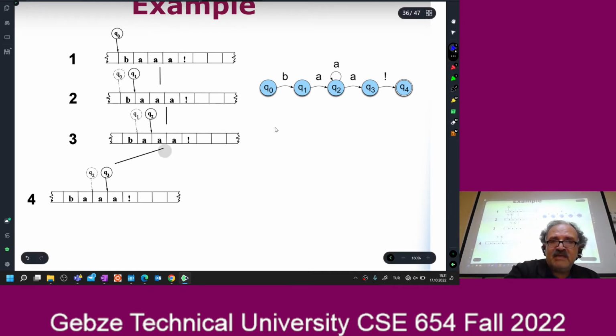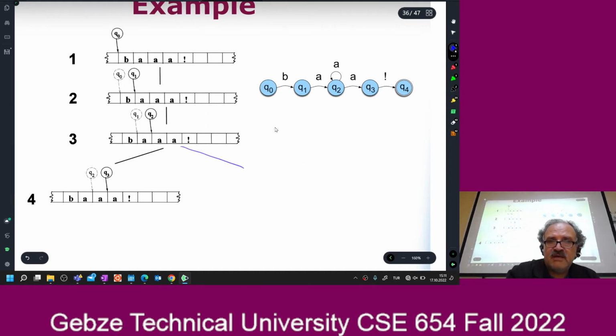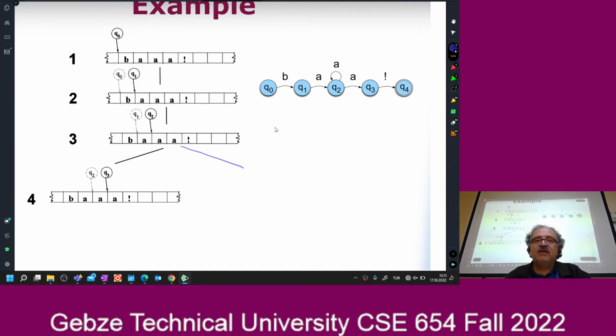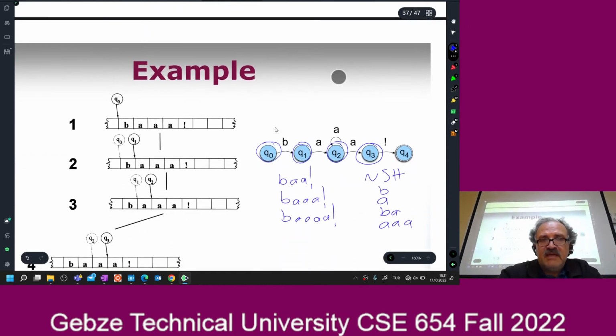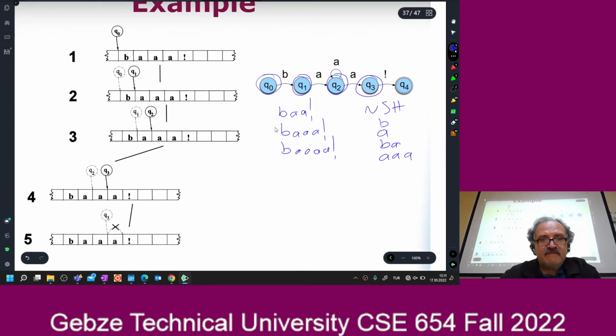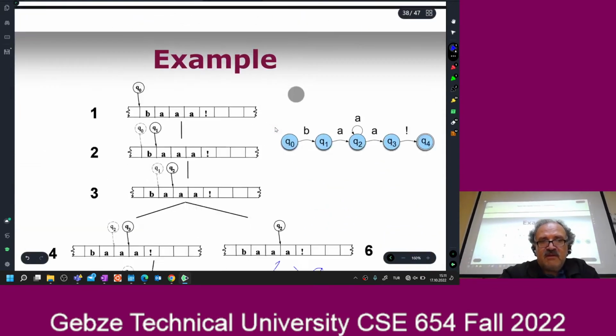I will go back and continue from the other direction, saying that, okay, maybe instead of going to Q3, let me stay at Q2. That one is a bad path, so I will come back.